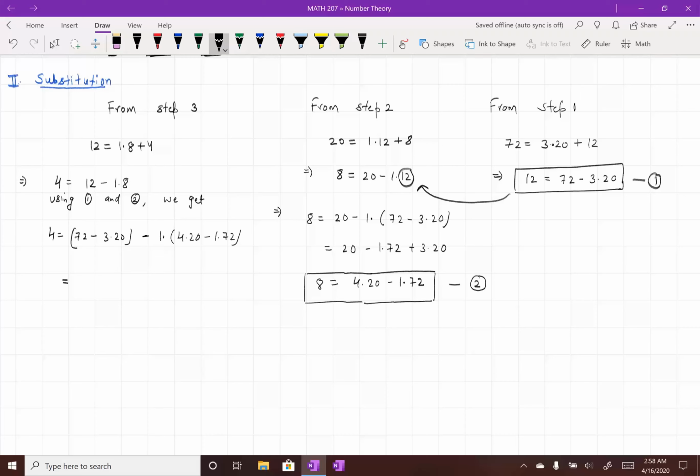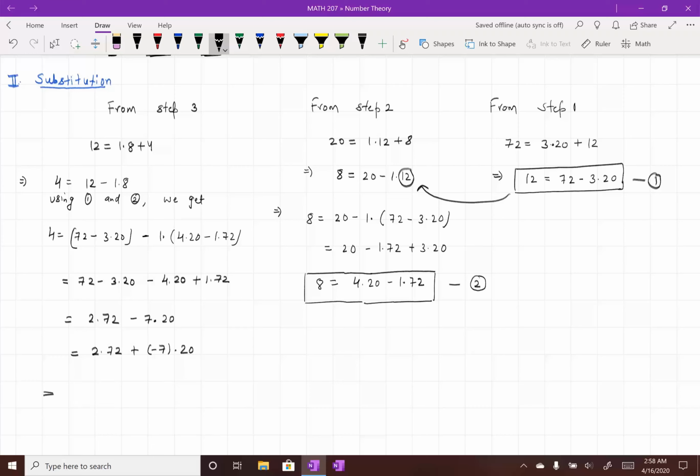And if you simplify, this will be 72 minus 3 times 20 minus 4 times 20 plus 1 times 72, which will be equal to 2 times 72 minus 7 times 20, and you can rewrite as 2 times 72 plus (minus 7) times 20.